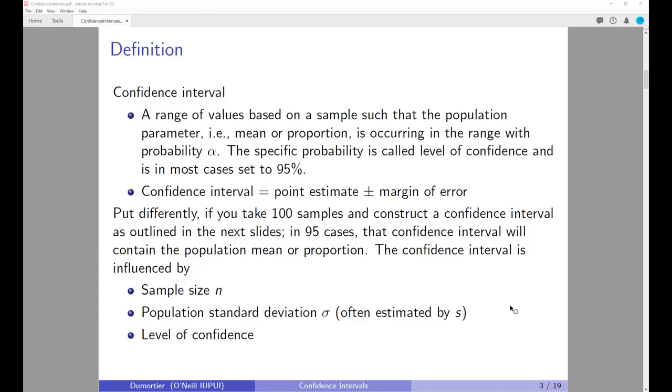Note that very often we have to estimate that population standard deviation by using S. Recall that the difference between sigma and the estimated sample variance S is that in one case we divide by n, and in the case of S we are dividing by n minus 1.